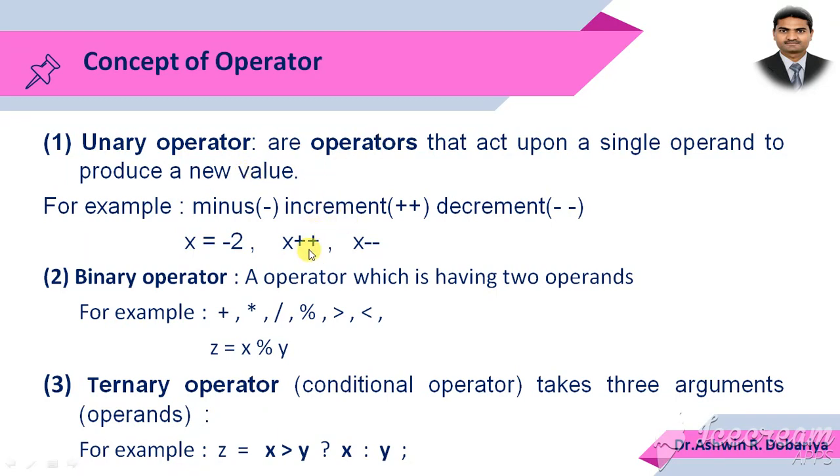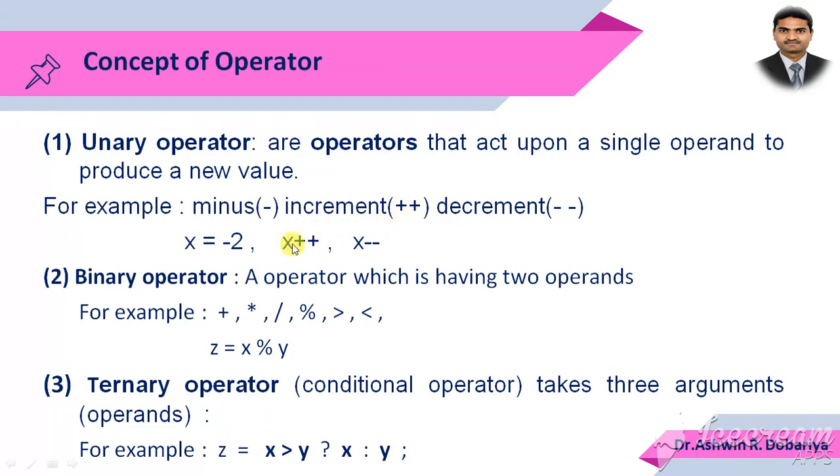Suppose I want a negative value. If I write only 2, it is a positive 2, but if I put minus before that value, it is a negative value. So if you want to assign a negative value, we require only one symbol, minus, and it requires only one operand. That's why minus is a unary operator. Similarly, increment plus plus or decrement minus minus.